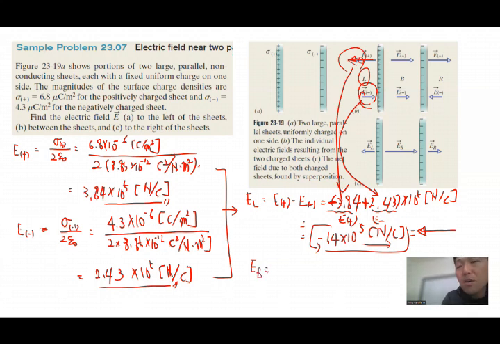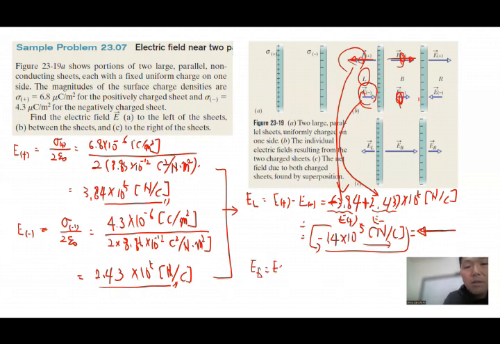The positively charged plate produces an electric field in the positive direction, and the negatively charged plate has an electric field inward to the plate. So those two electric fields point in the same direction, and the net electric field is a summation of the two.